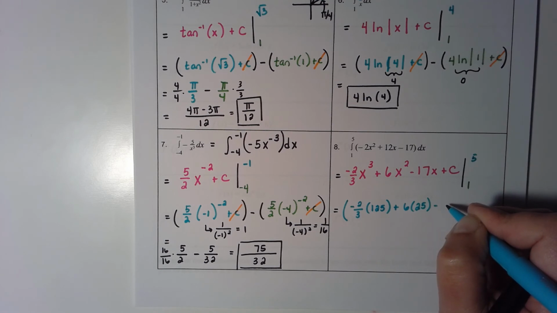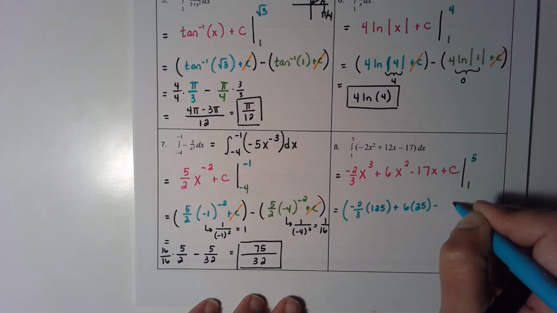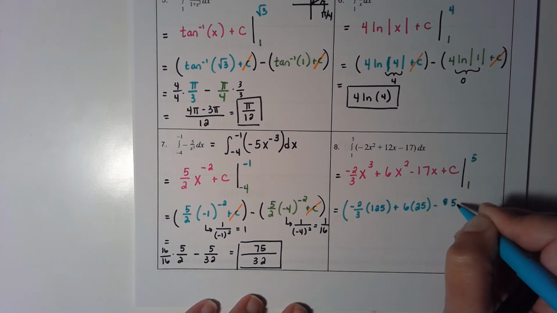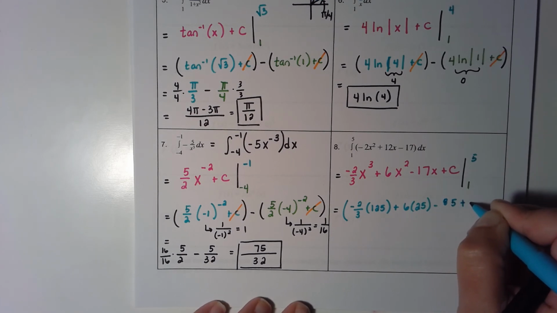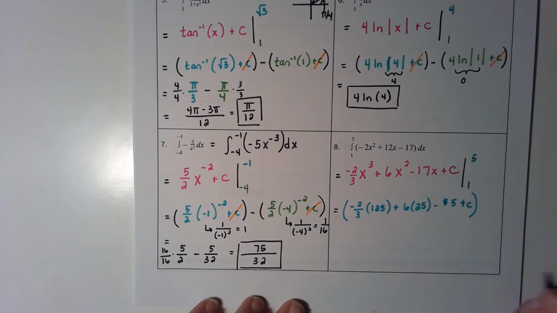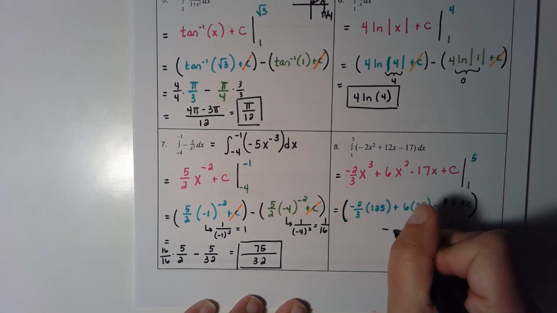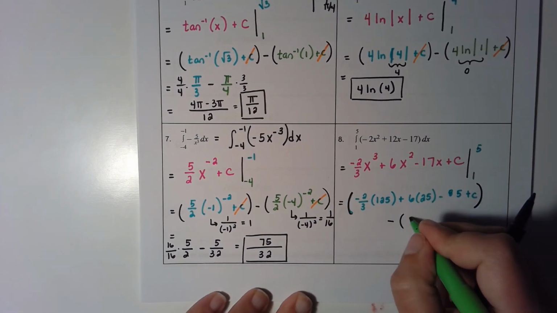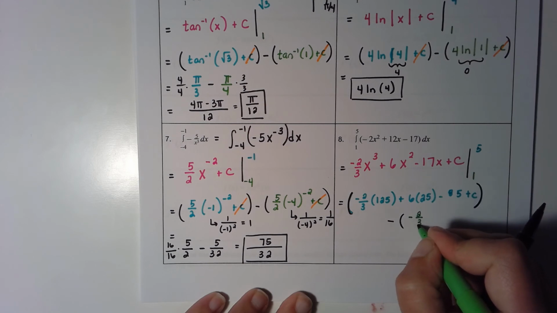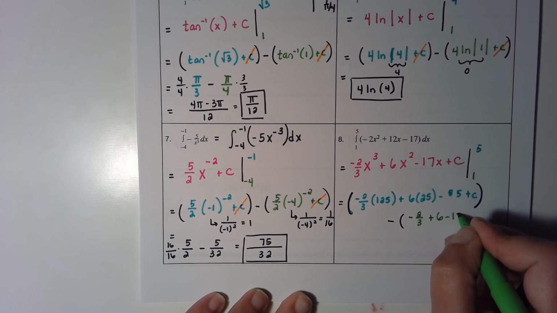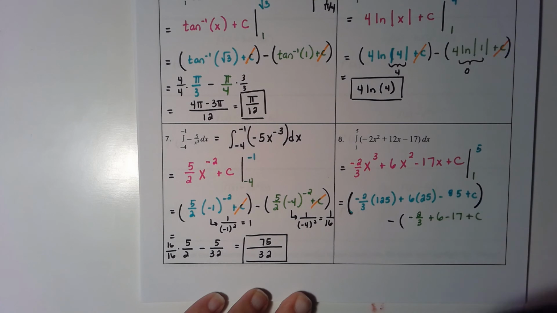No. 75. Okay, I'm just going to do it. It's 85. Oh my goodness. I don't know why that was so hard for me. I'm having a moment. And then minus, it's 85. Oh my gosh. And then minus, I'm going to plug in my lower bound, which is negative 2/3 plus 6 minus 17 plus c. I'm just plugging in the number 1.